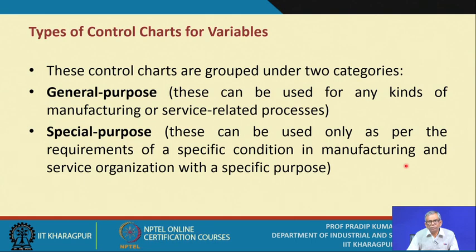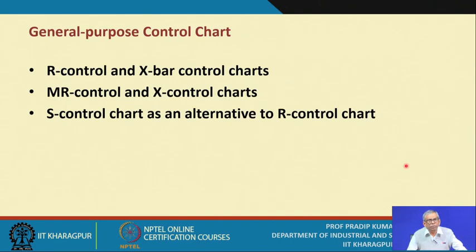So the first one is identification of the state of the system, in control or out of control. The second one is ability to detect the shift in the process parameter value. Now many times, what you do, you recommend the special purpose control chart so that the second objective is fulfilled. Is it okay? So these are the two categories.